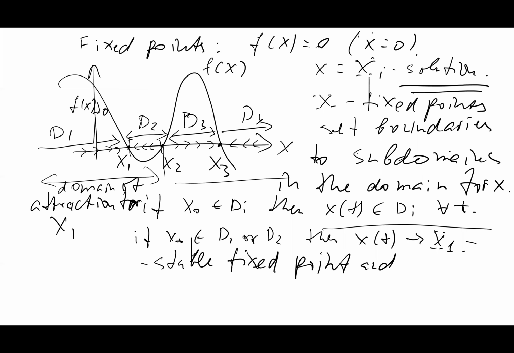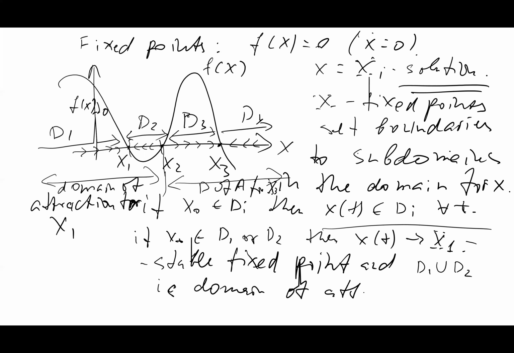And this would be the domain of attraction for x3, at least for this illustrative function f of x. And so D1 and D2 is the domain of attraction for fixed point x1.